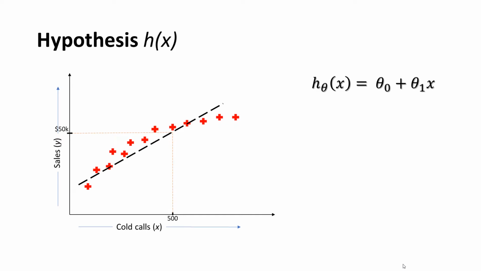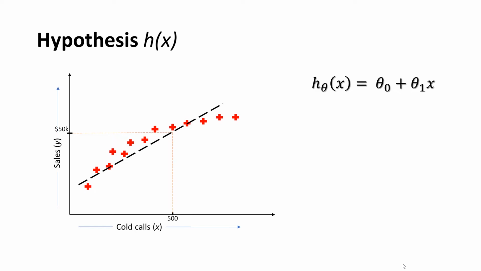The right hand side of this slide shows the equation by which we can represent this hypothesis. Theta 1 is the angle at which this line is inclined over the x-axis, and theta 0 is the offset. This is the hypothesis which the machine has generated for this particular data set.